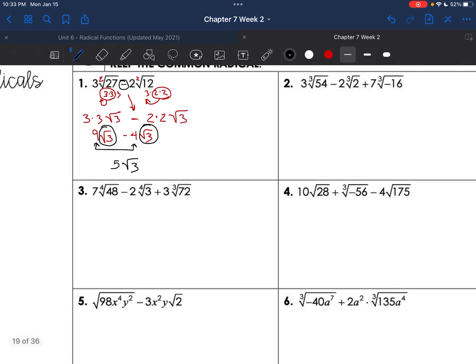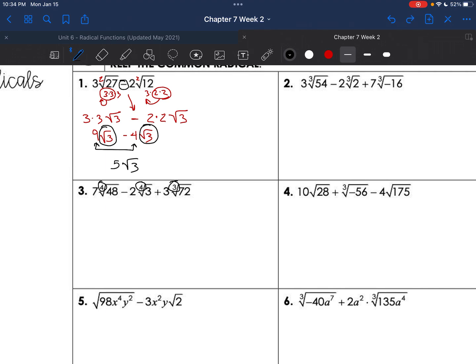So let's go right below it and see initially what can we even look at. Well, I have an index of 4 and an index of 4 and an index of 3. So we can change things that are underneath, but we can never change the index.